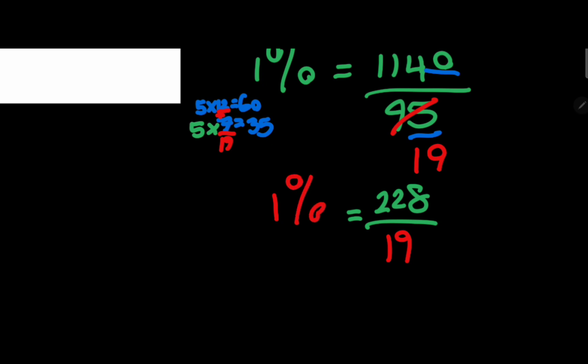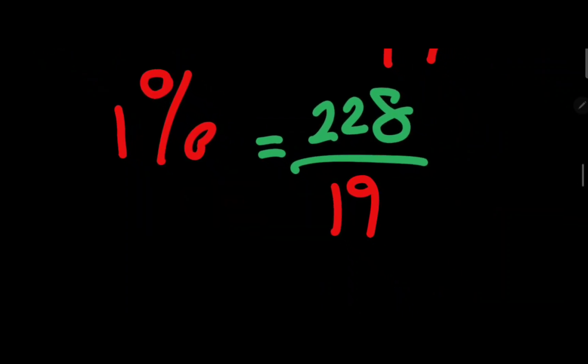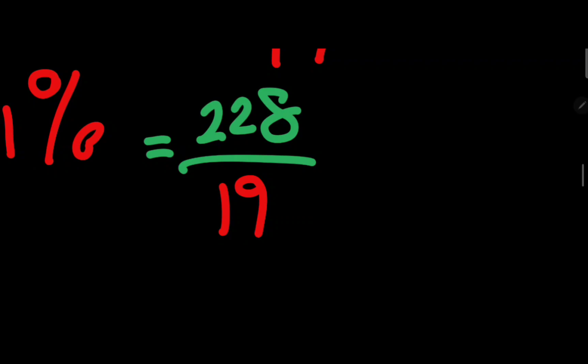So okay, 19 can go into 228 how many times? We don't know. So at this point, it's either I do some long division or we try to see how we can break it down using some kind of method. Is 228 divisible by 19? Well, we may not know exactly, but we can check.